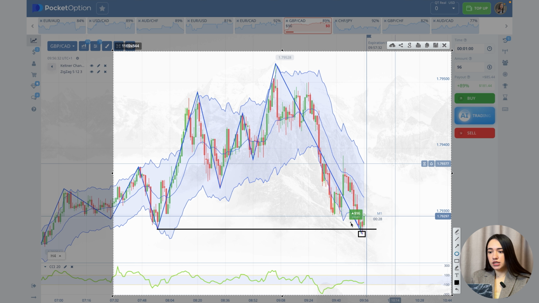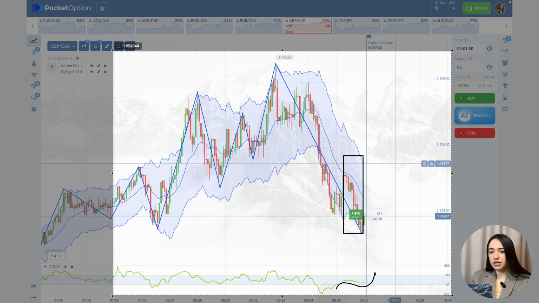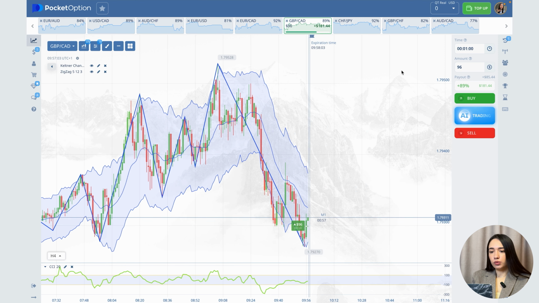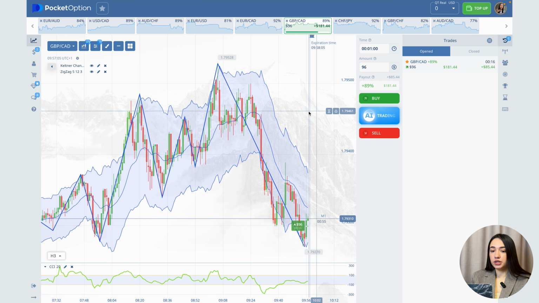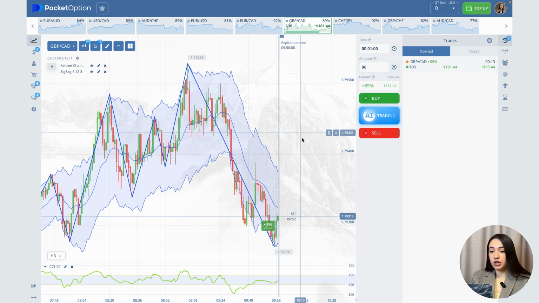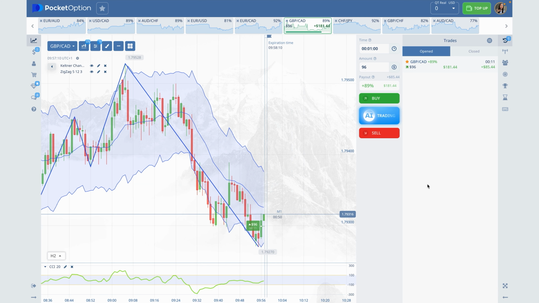Then there was an exit to the outer part of the intra-channel movement, and earlier this kind of downward movement in the dynamics has been provided, and we're seeing the sliding line just coming out of the oversold area. So here I'm going to open a trade. So let's watch the result.